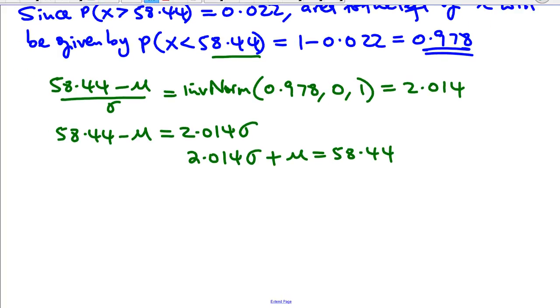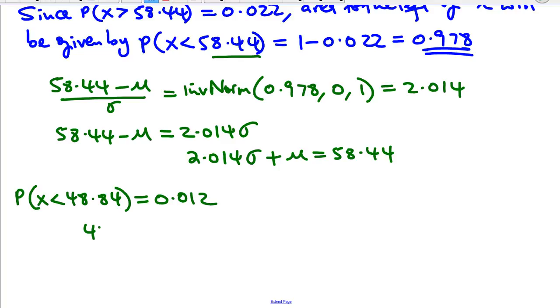Again, we are given that the probability that x is less than 48.84 is equal to 0.012. So we can transform this to z-score.